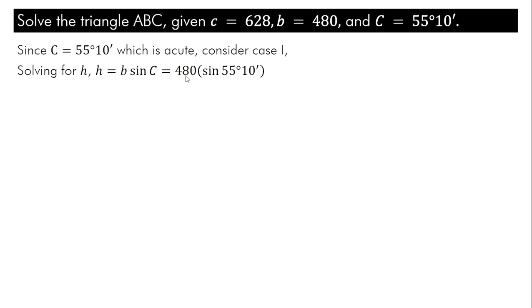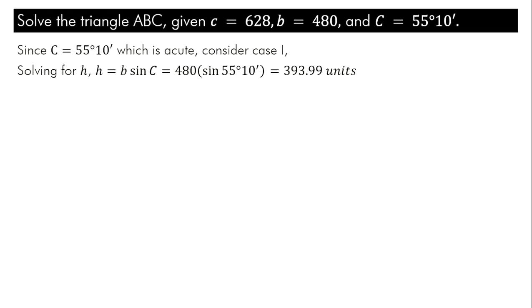So 480 times the sine of 55 degrees 10 minutes. Okay, and if we solve that, we'll obtain 393.99 units. So comparing that, we have the height of 393.99 units, and then we have your C as 628, and our B is 480.